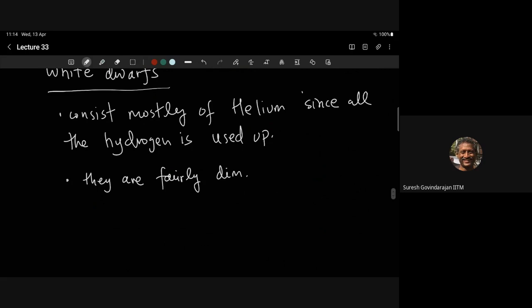And so we need to model these things. Our goal is to construct a statistical mechanical model.